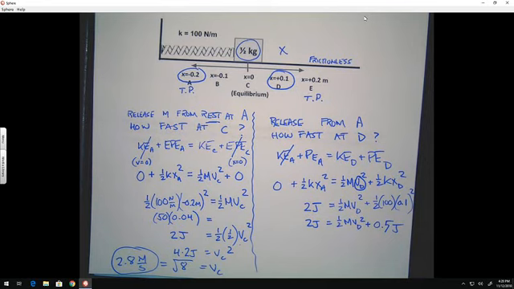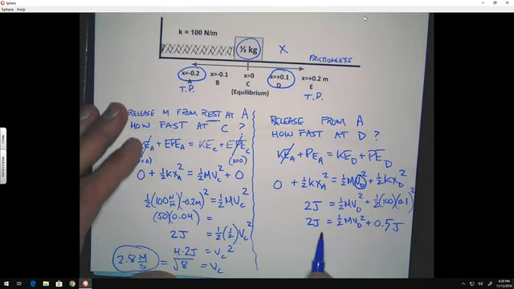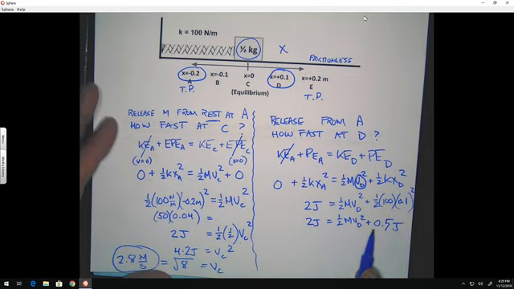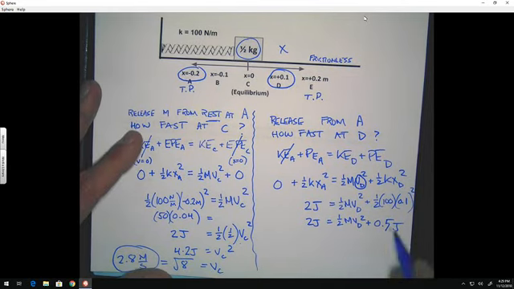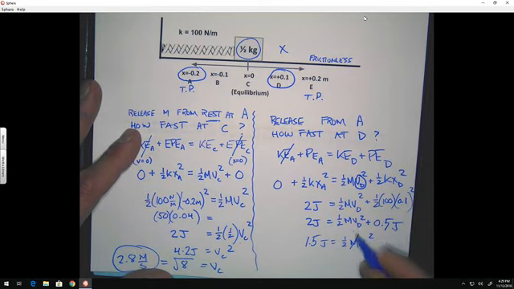So now I'm left with a math equation here. 2 is equal to 1/2 mass times velocity at D squared plus 0.5. So you subtract 0.5 from both sides. 1.5 joules equals 1/2 m vD squared. The mass again is 1/2.